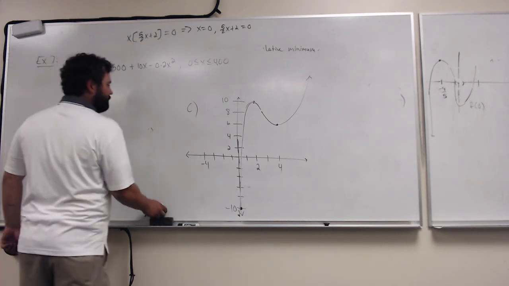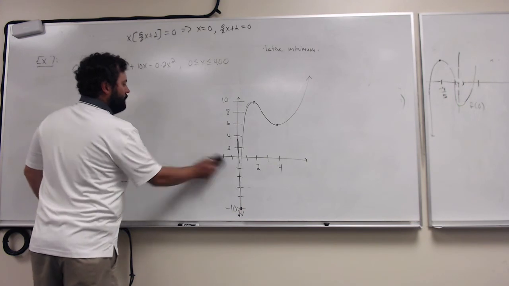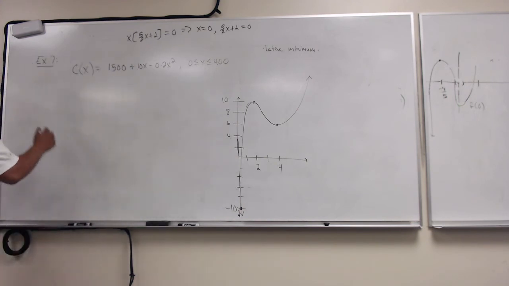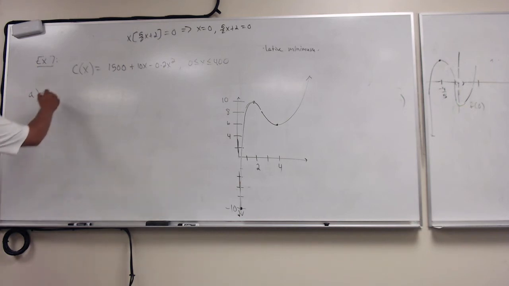Now it's probably been a while since we've done this. Part A wants the average cost function. Okay, so what's the average cost function?